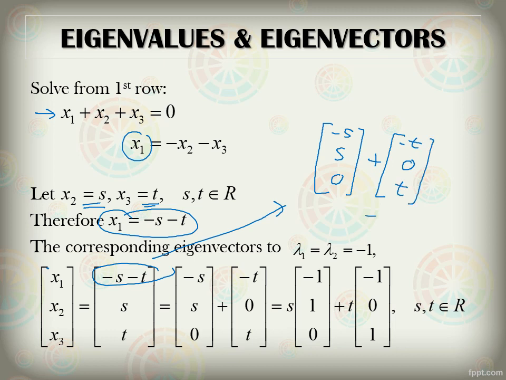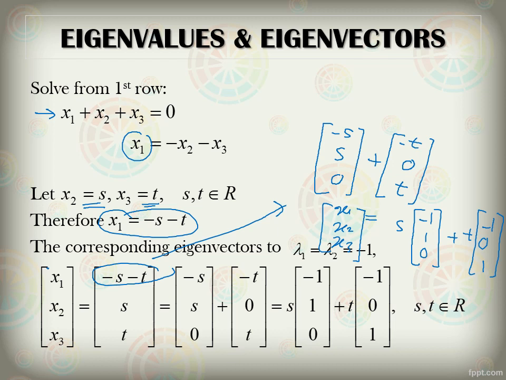This is equivalent to, we factor the s out, minus 1, 1, 0, plus, we factor t out, minus 1, 0, 1. So this is the solution for x1, sorry, the eigenvector for our lambda.